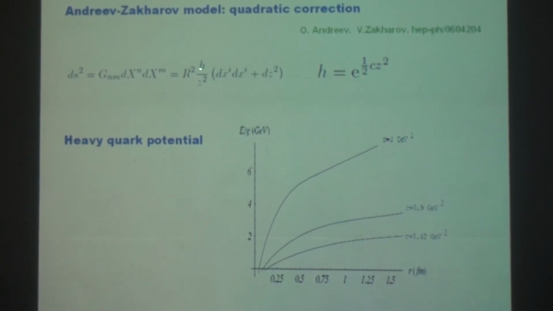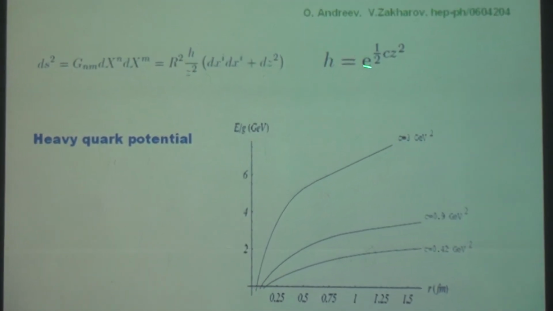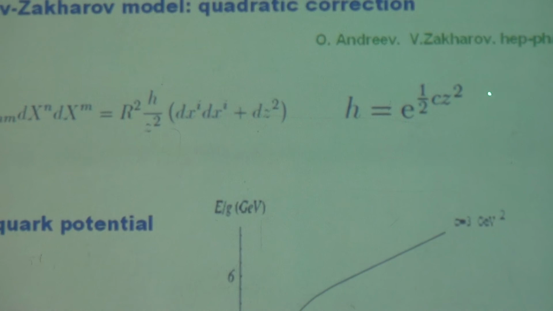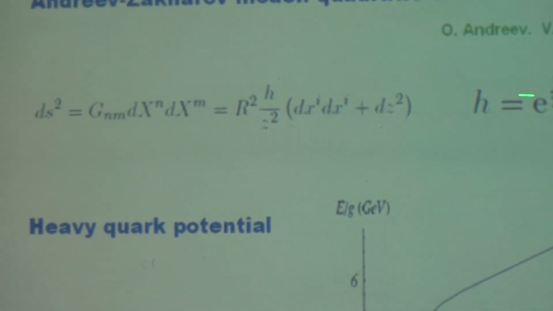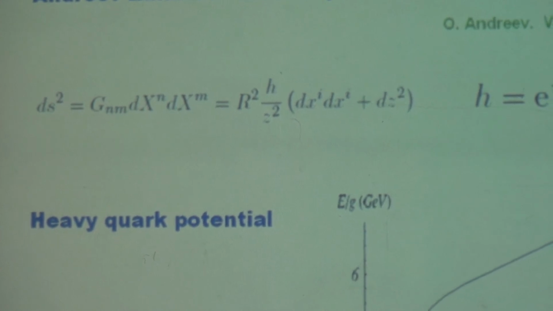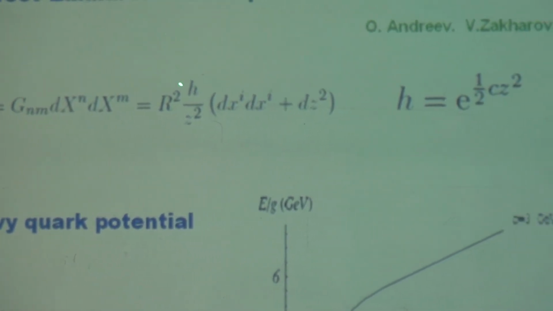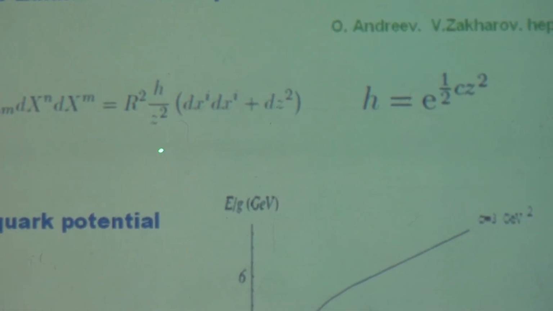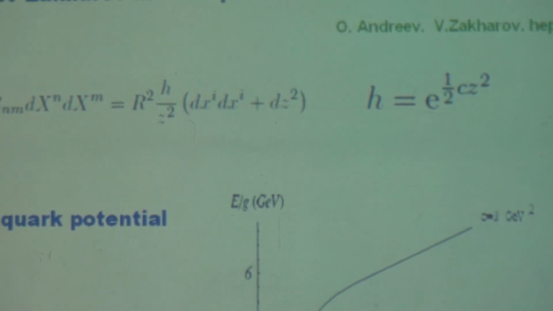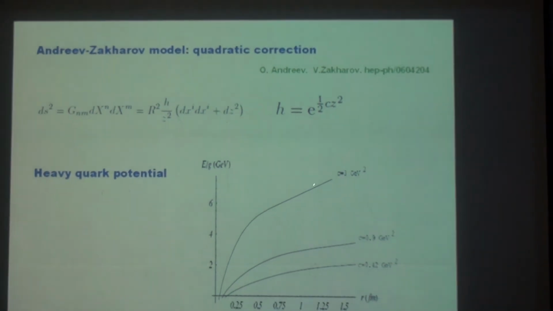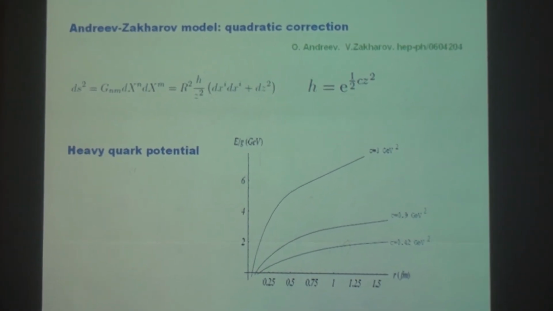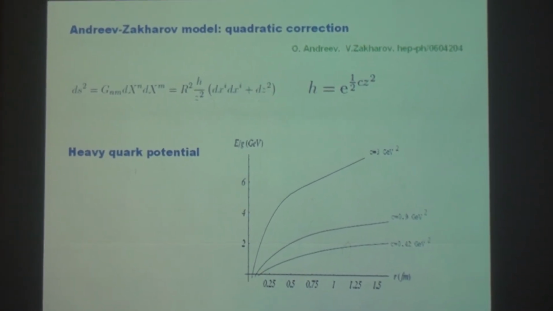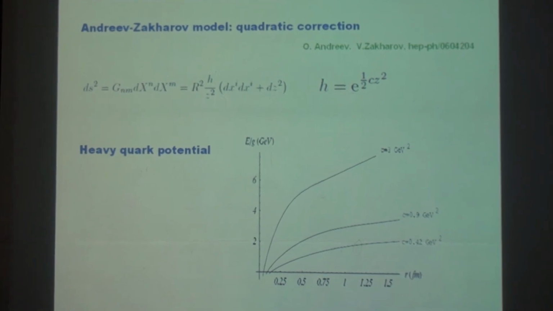If you look at this, it is just AdS5, but basically a deformed warp factor, right? They introduce this kind of deformation, and then in this framework they can produce this linear potential. So basically, you have to deform your warp factor, your AdS5.